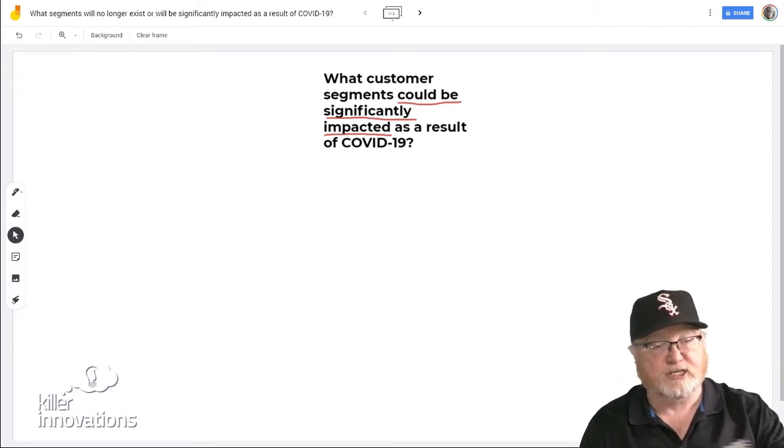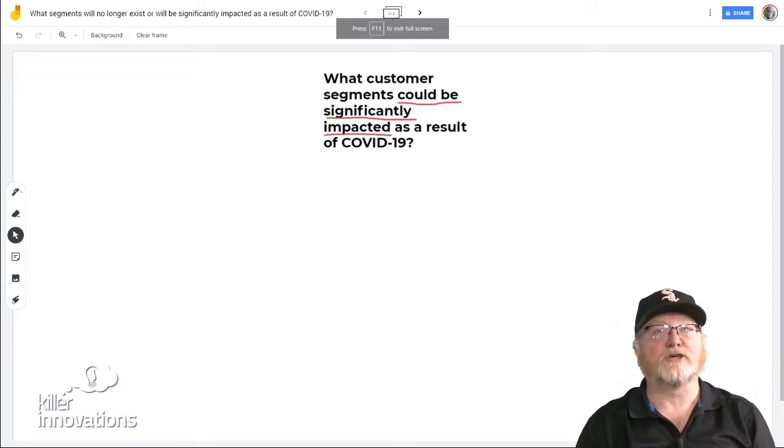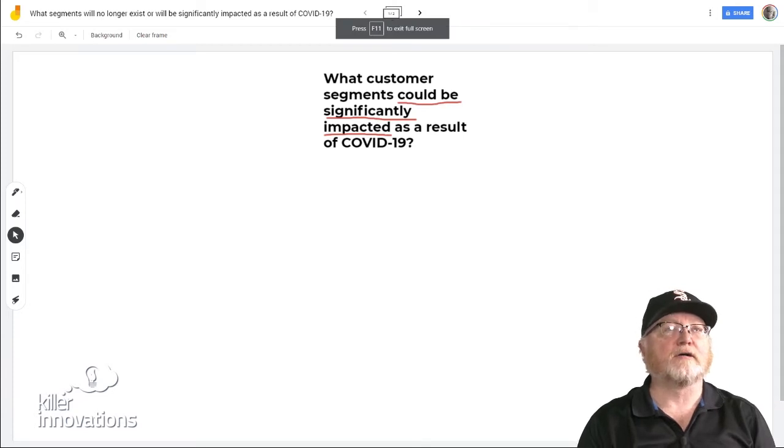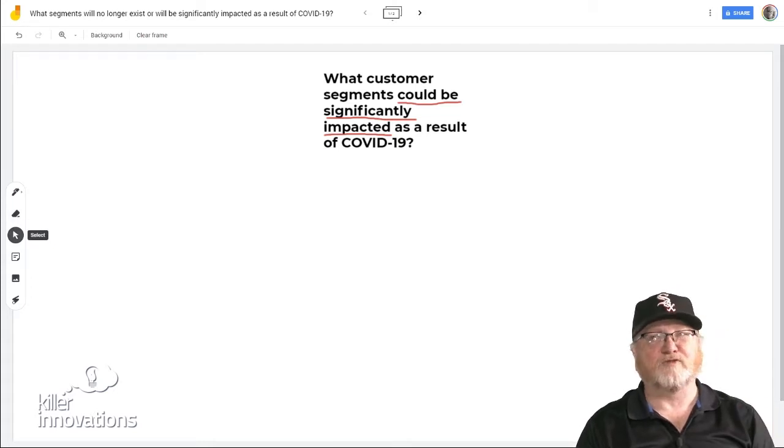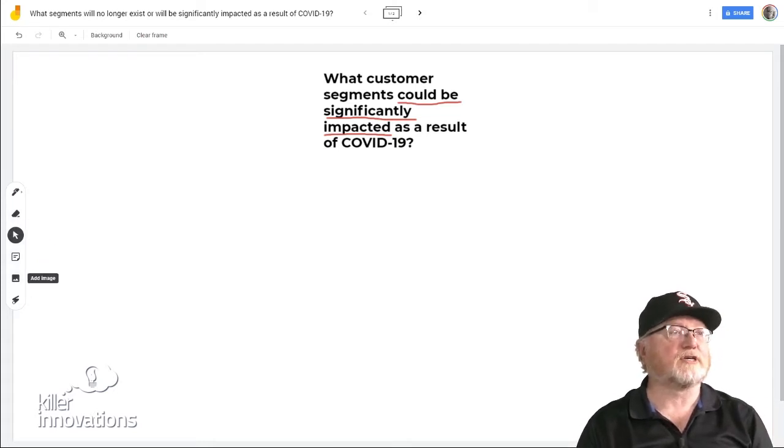Now, let me just give you a quick 30 seconds on how Jamboard actually works. So the very top is just a text that I put up there just to remind me what the question is. And down the side, you've got pens, you've got erasers, you've got the select, which allows you to move the Post-it notes around. You can create a Post-it note, you can embed an image, or I can create a laser.